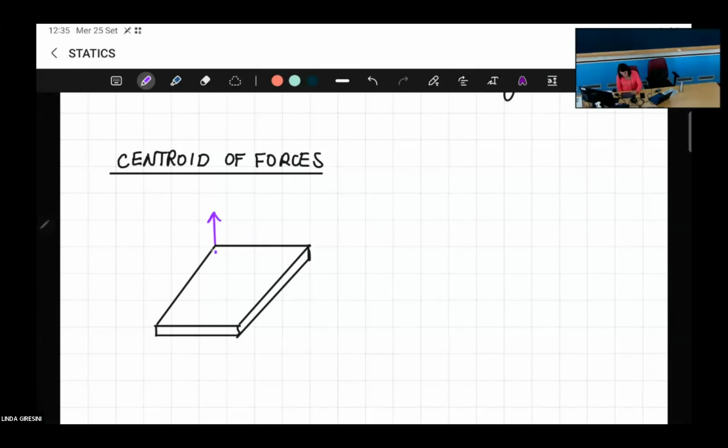So we assume that the origin is here, the z-axis is this one, the x-axis is in the middle plane, this one, and the y-axis is this one. Okay?